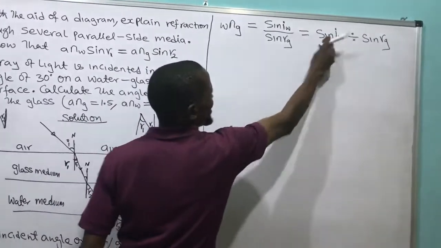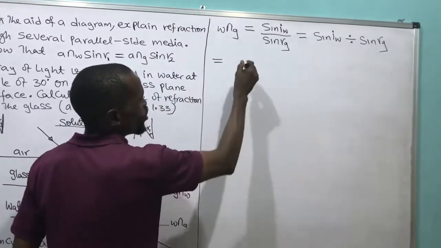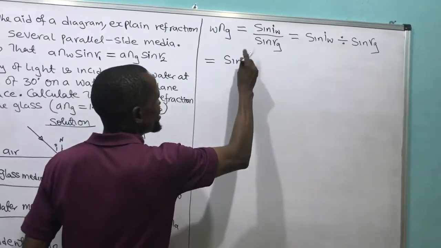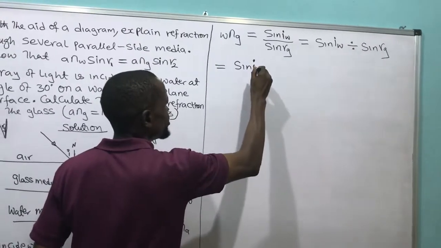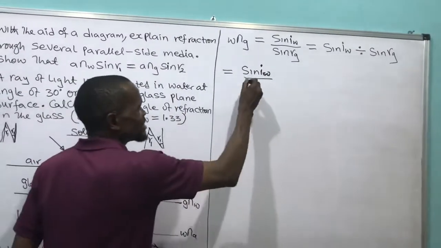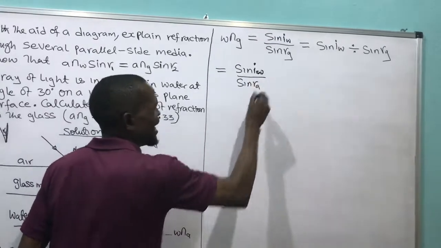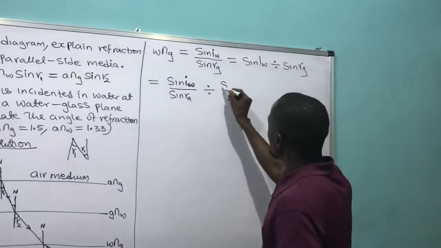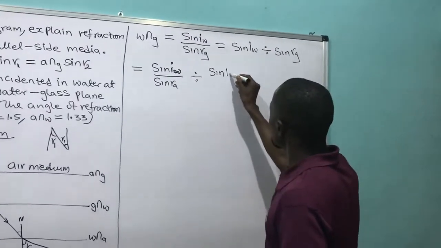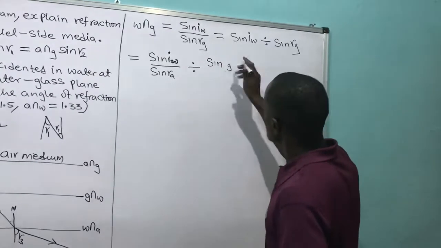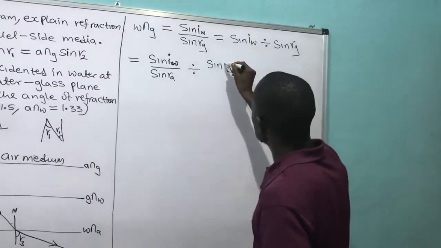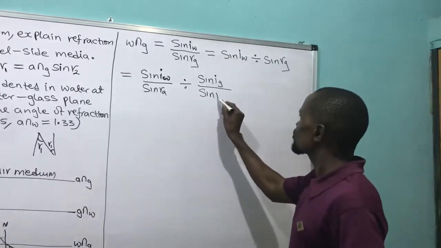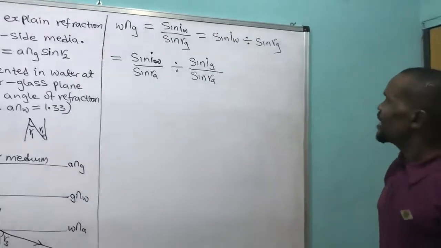And this is the same thing as sine of incident in water, all over sine of refraction in air, divided by sine of incident in glass, all over sine of refraction in air. Are you getting what I'm saying now?